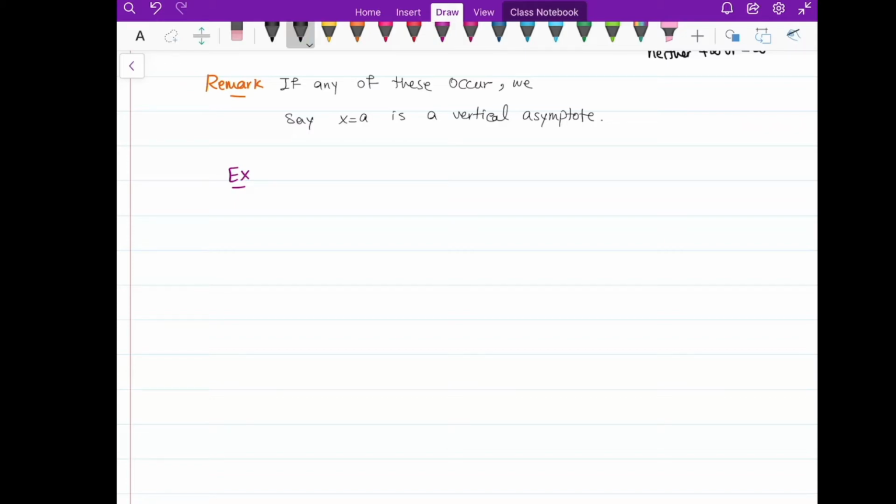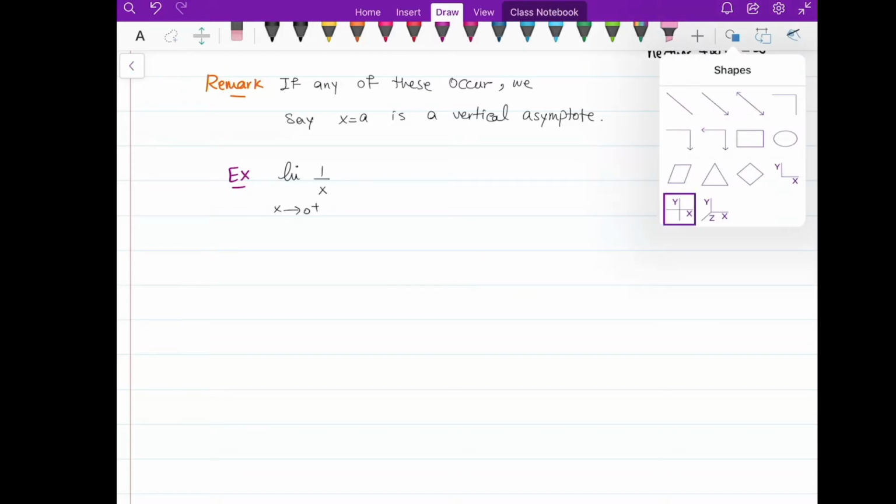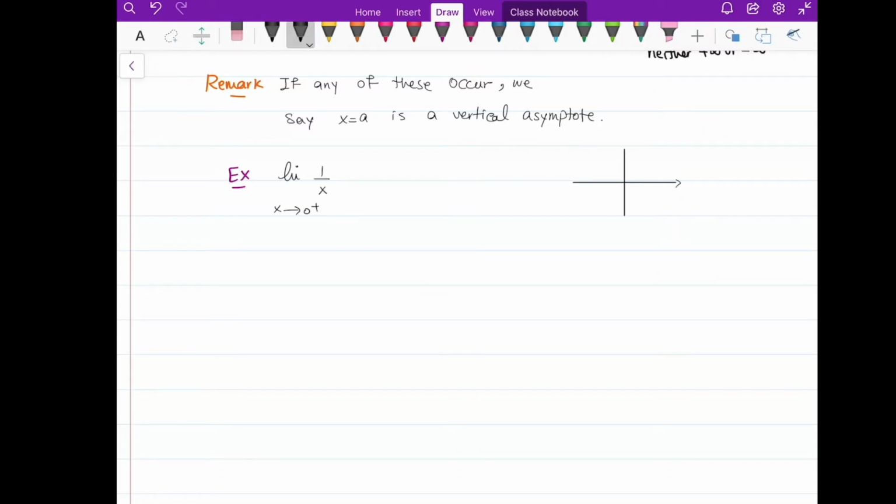So let's look at the function 1 over x as x goes to 0 from the right. What is the graph? Okay. The graph of 1 over x is like this. Okay. So as x approaches the point 0 from the right, the limit is positive infinity. How about from the left? 1 over x as x goes to 0 from the left, you see it goes to negative infinity.